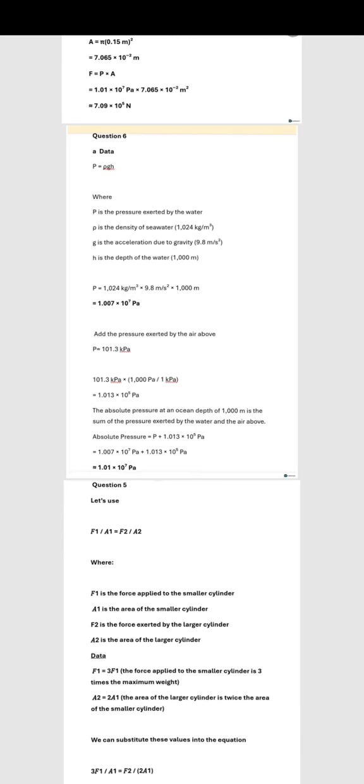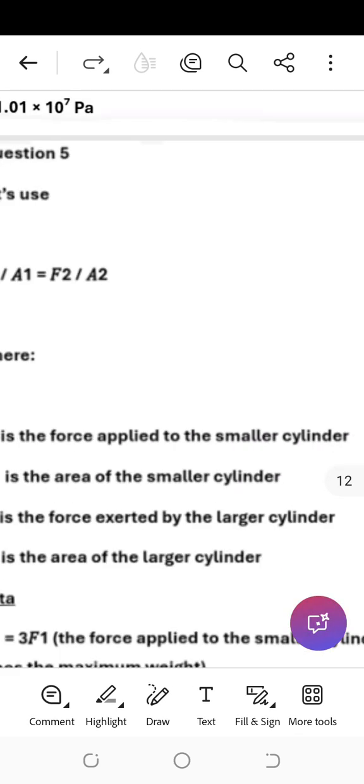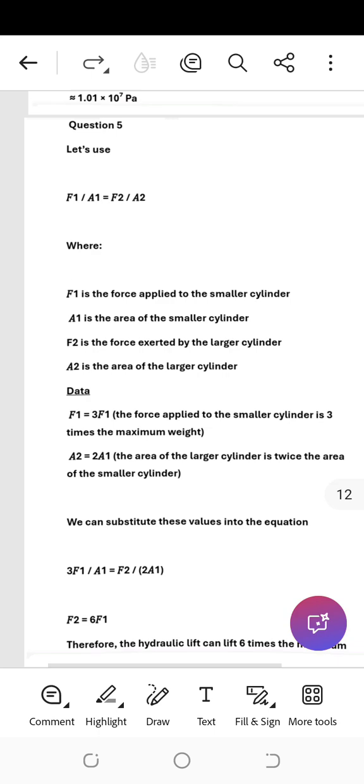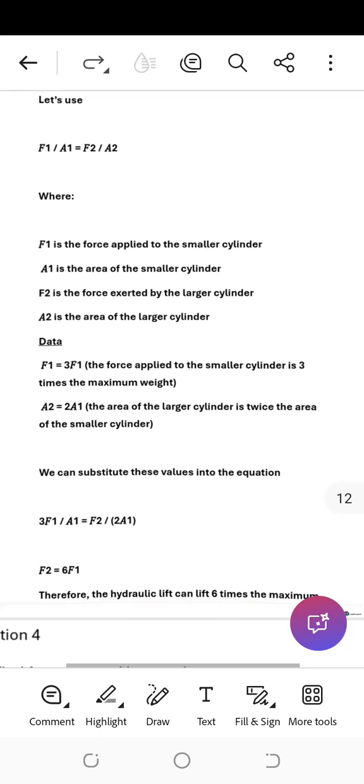We're going to use the relationship from Pascal's principle, that force applied on the fluid is transmitted undiminished across all points of the fluid in the containing vessel, through to the walls of the containing vessel.